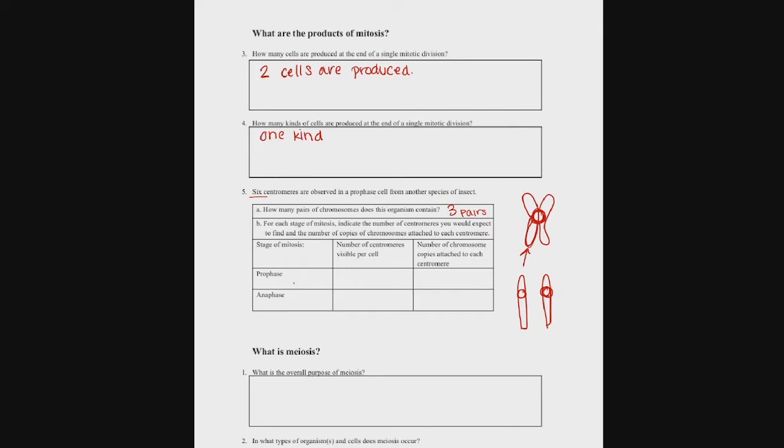So we're still going to see 6 centromeres in prophase because we haven't really done anything yet other than preparing the cell for their next steps. So the number of chromosome copies attached to each centromere would be 2. That's when we're going to see this guy versus this guy.